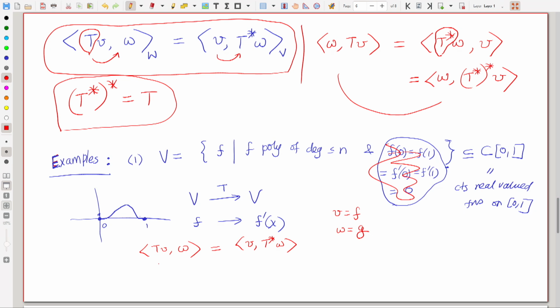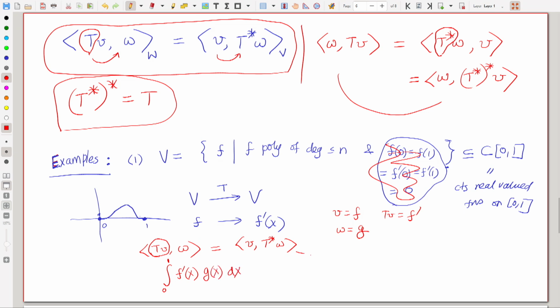Now what is the inner product in this case? The inner product is the integral of f of x g of x dx. So I have to take the integral of TV and W. TV is f prime, so this is the integral of f prime x g x dx.